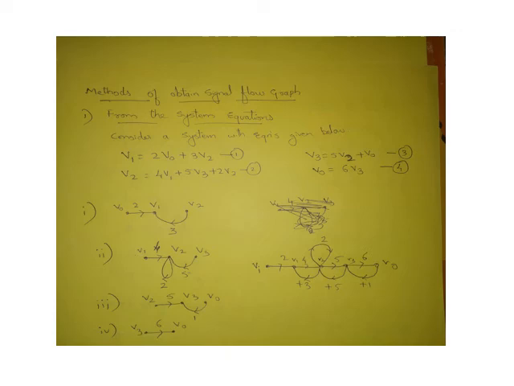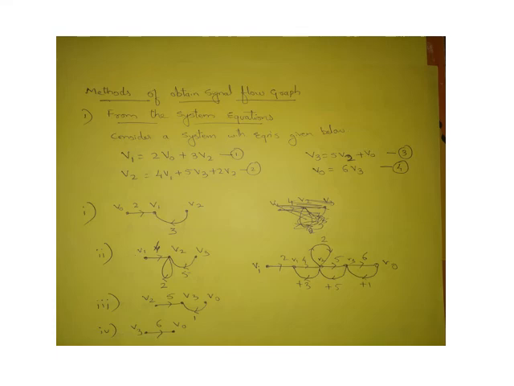In the second equation, V2 is receiving from V1, from V3 and also from V2. If you draw on the same diagram, V2 is receiving from V1 with a gain of 4. I'll draw the V3 node here. If it is coming from the next node, it has to be a feedback, so I am giving a signal arrow back.